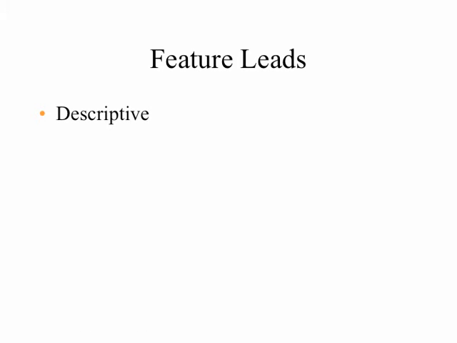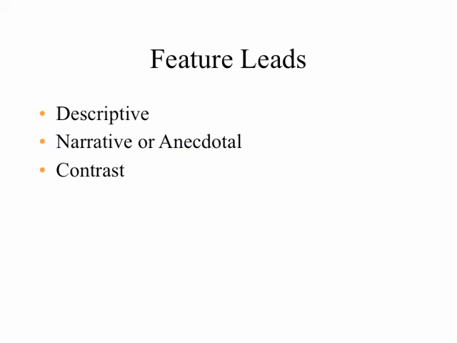Examples of feature leads, you could have some kind of description, maybe a narrative, a storytelling, anecdote. You can contrast something and tell people, once this area used to be this way, now it's another way, and that's the point of the story. Sometimes people ask a question in the lead, and then of course the nut graph would be the answer to that question.